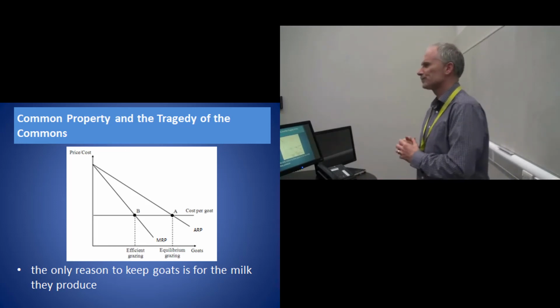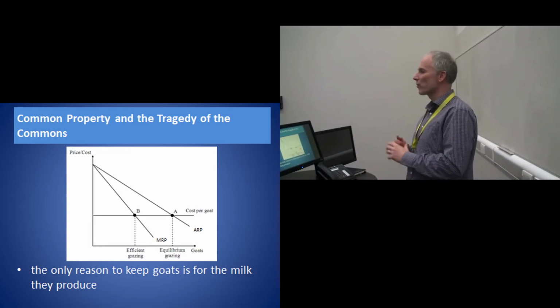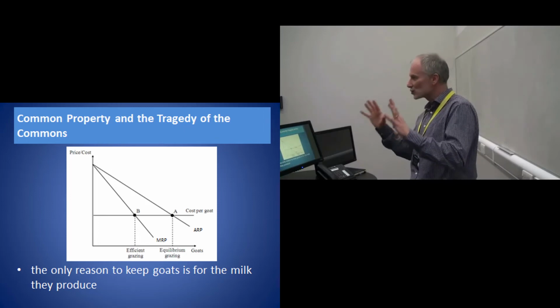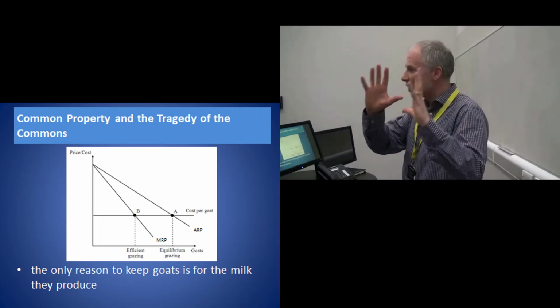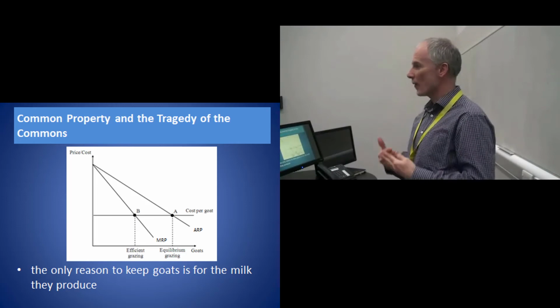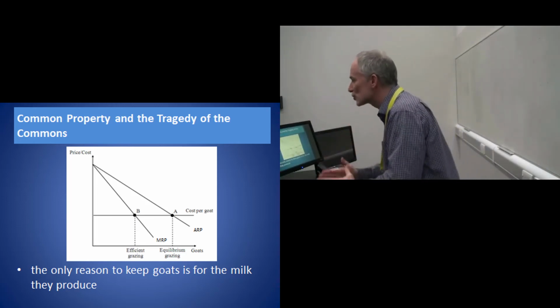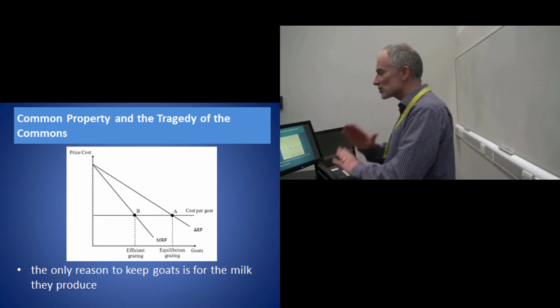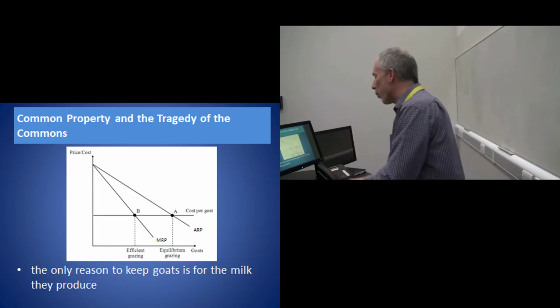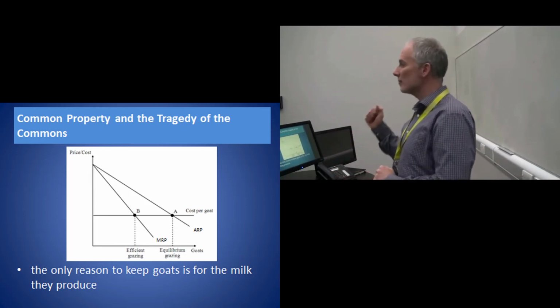And here's why. The only reason that the villagers want to put their goats to graze on the common land is to produce milk. That's the only reason for it. They want their goats for the milk.